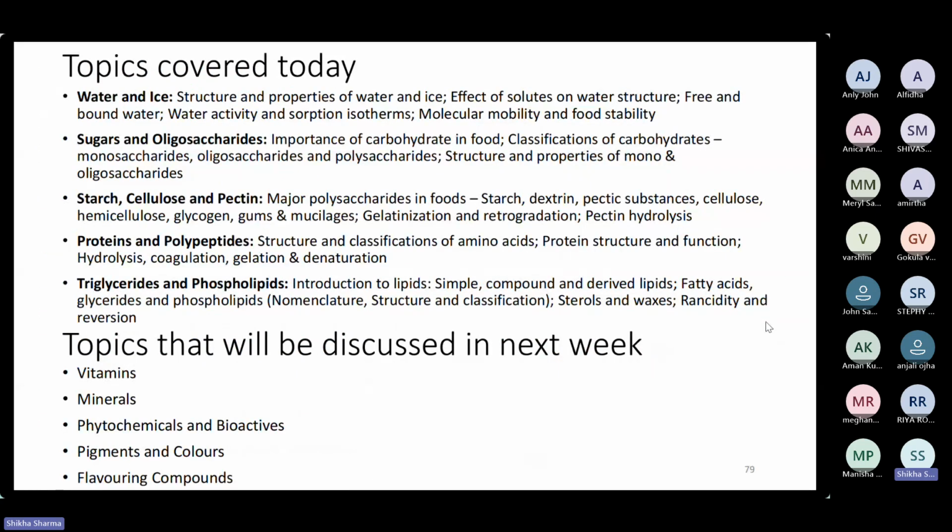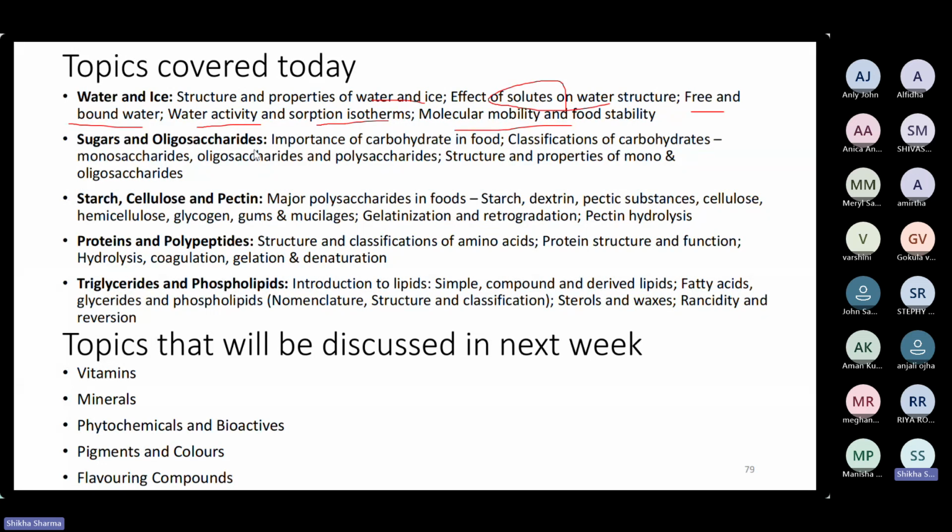So the topics we discussed today are related to water and ice, their structure and properties. We discussed what happens if we add a solute, so that the freezing point decreases. Then we discussed free and bound water, water activity, sorption isotherm, molecular mobility, and food stability.